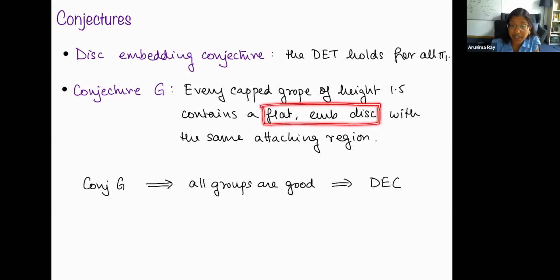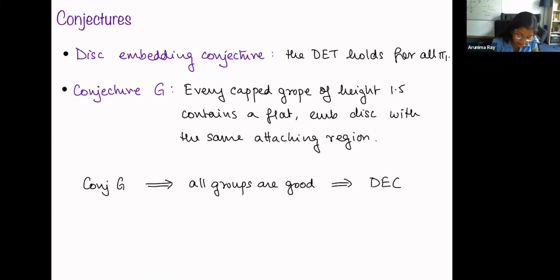But in particular, if every capped group has a flat embedded disk, then that implies that all groups are good. So good groups and capped groups are naturally very related. I mean, this implication comes directly from the definition.